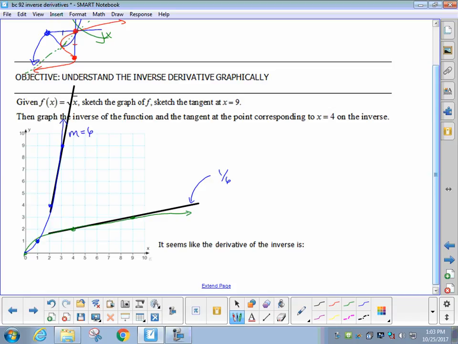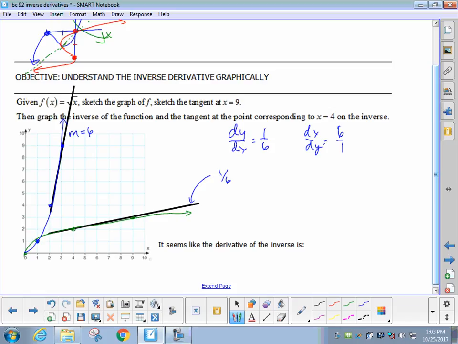Now that, on one level, kind of makes sense. dy/dx is 1/6, then when we do inverses, we are switching x and y, so dx/dy would be 6/1. So it's logical. Now, the only gotcha, though, is that it's the reciprocal of the original derivative. Cool? But it's at a different point.